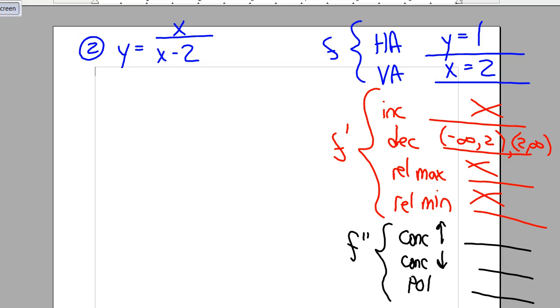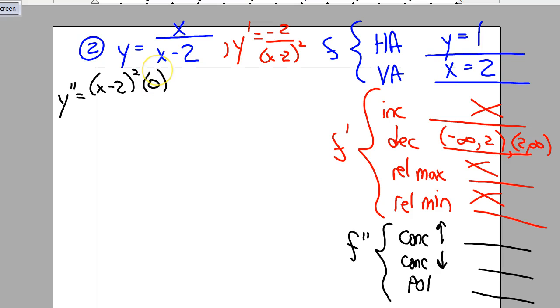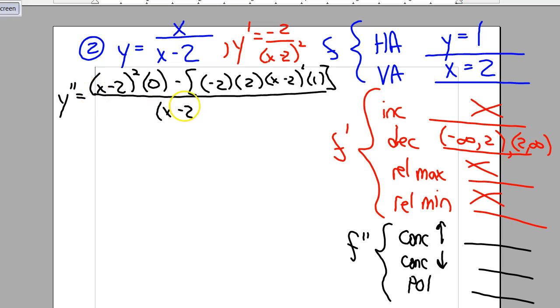So your first derivative was negative 2 over x minus 2 squared. So your second derivative, I use product or quotient rule again. The bottom times the derivative of the top, which is 0, which really helps, minus the top times the derivative of the bottom. So I'm bringing down the 2, leave the little guy alone, reduce the power by 1, and multiply by the derivative of the little guy. And then all over x minus 2 squared.